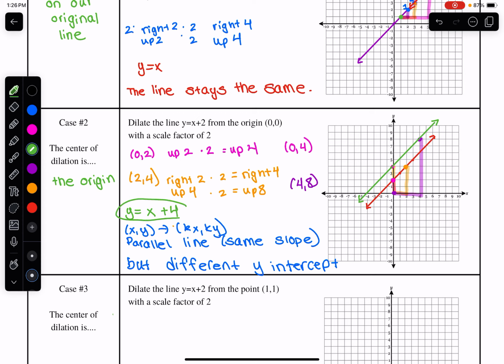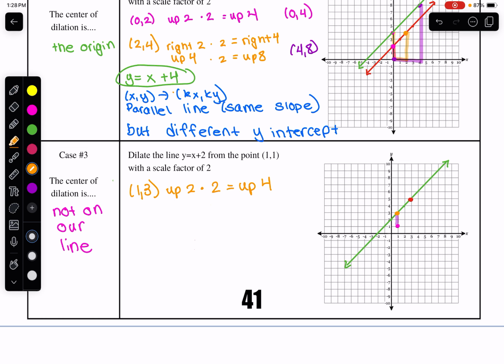So my first point, which was 1, 3, right? Our original distance was just up 2. Multiply by your scale factor. So your new point will be found by going up 4. So our new point is at 1, 5.